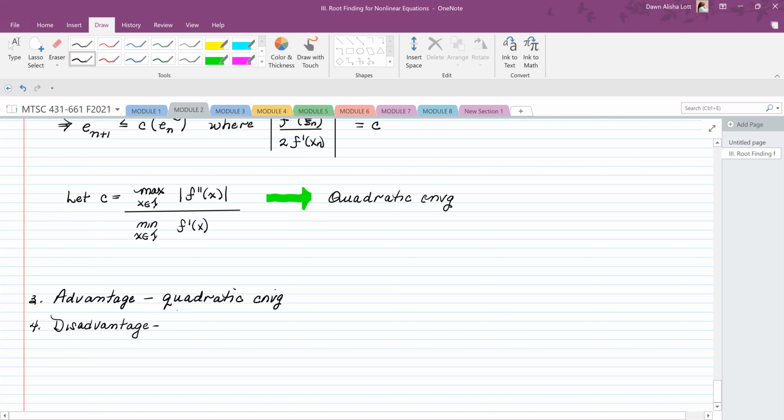It is not guaranteed to converge, because it can hit a place where the derivative is close to zero, and that will send it in a divergent direction. And we need to know the derivative of the function. Okay, so those are the disadvantages.